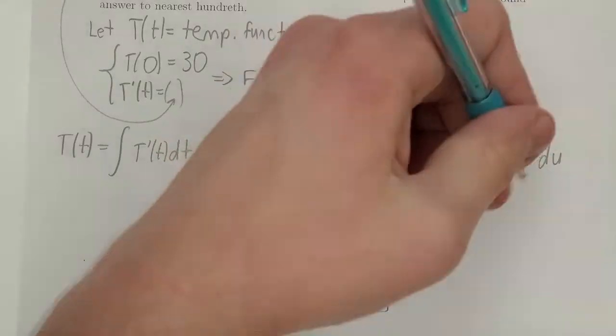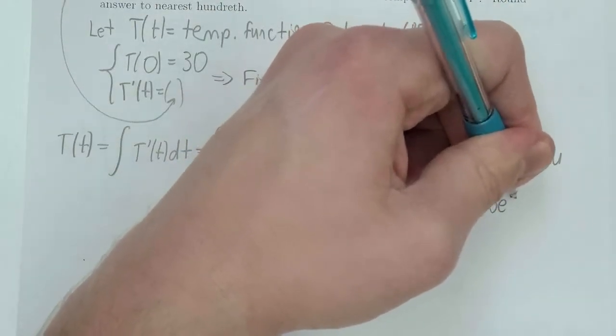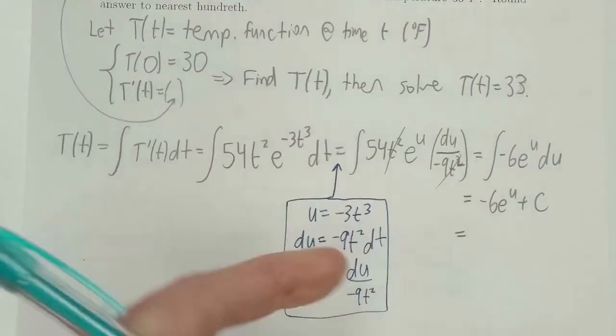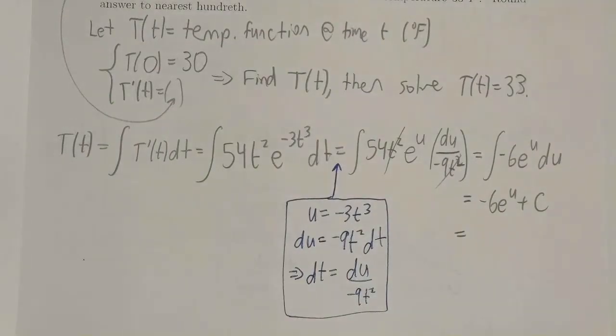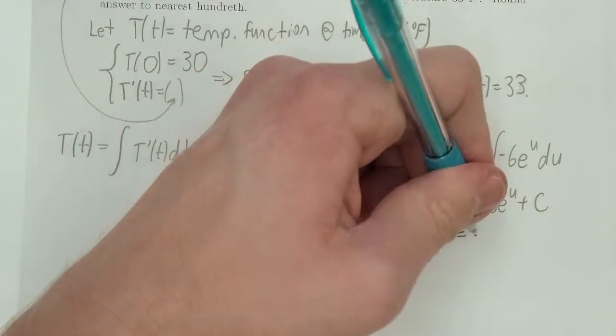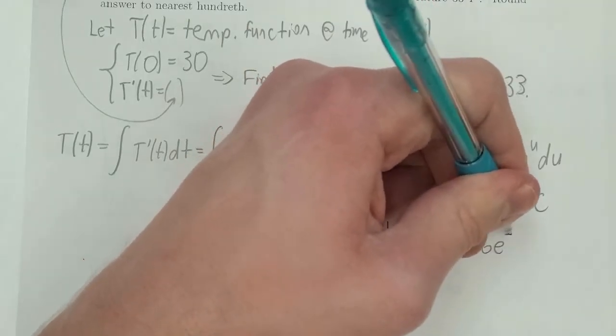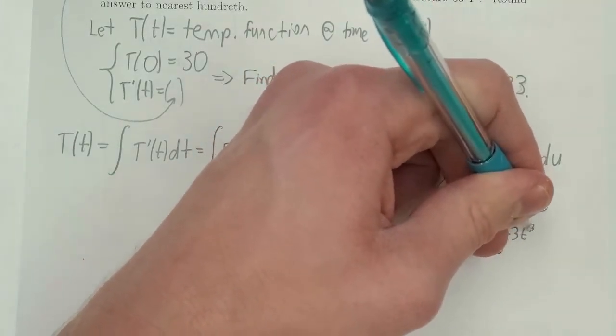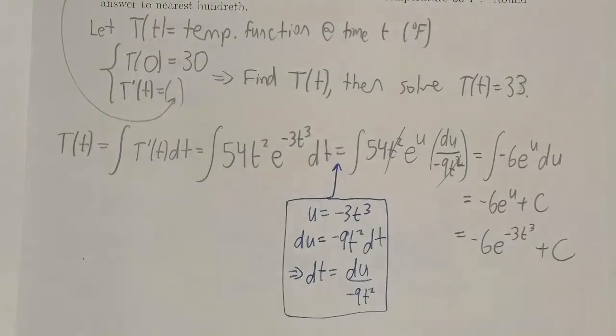There you go. Good. Negative 6 e to the u plus c. And then, again, make sure to keep your final answer in terms of the original variable. So we have negative 6 e to the negative 3t cubed plus c. So that will be your general solution for big T of little t.